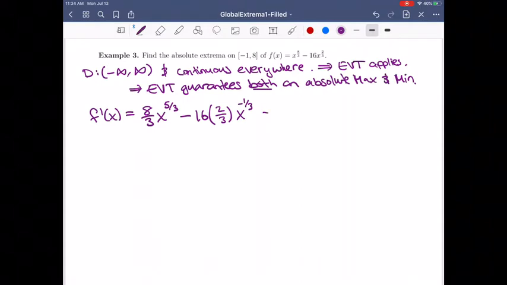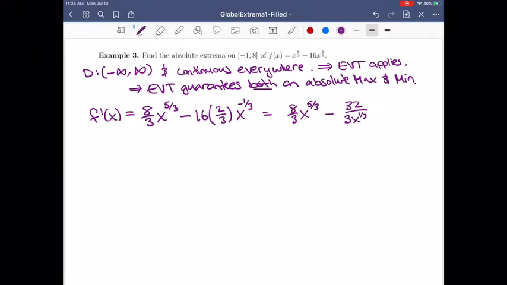If I simplify this, it is 8/3 x to the 5/3 minus 32/3 x to the 1/3. Actually, I'm going to write this first one a bit differently, as a fraction: 8x to the 5/3 over 3.